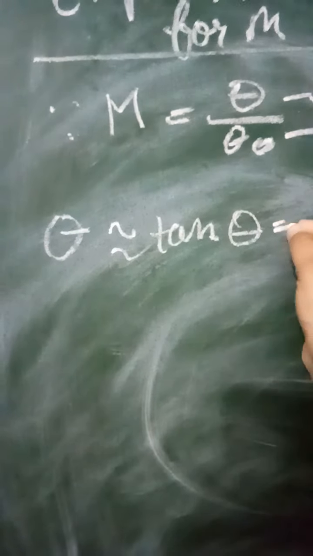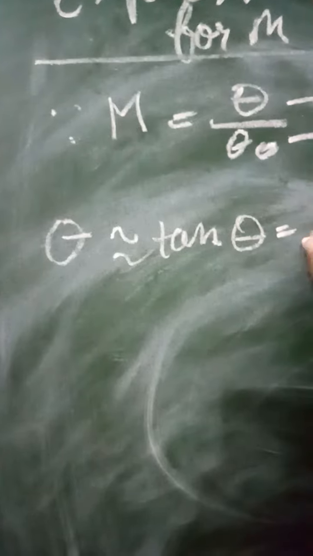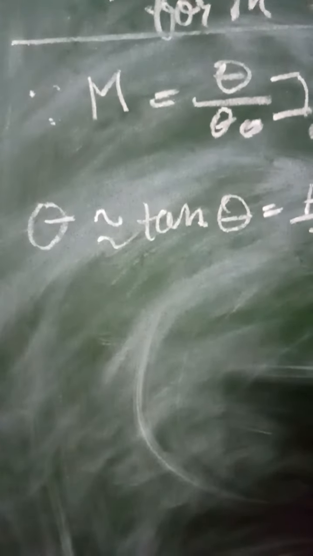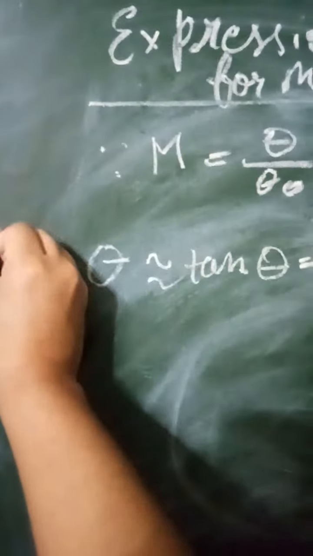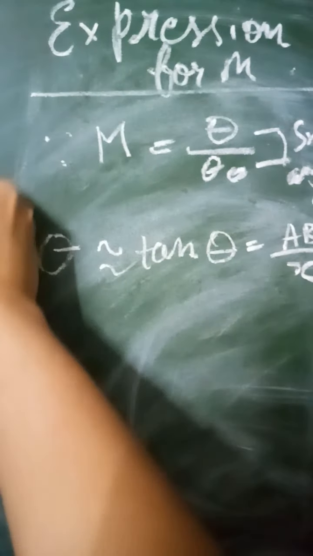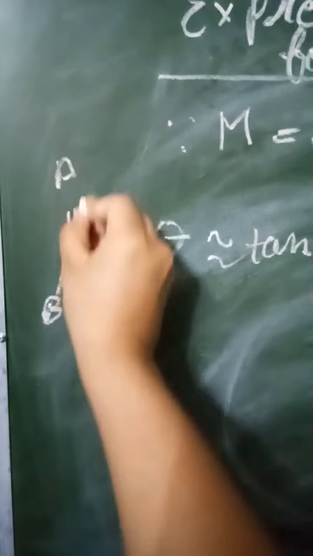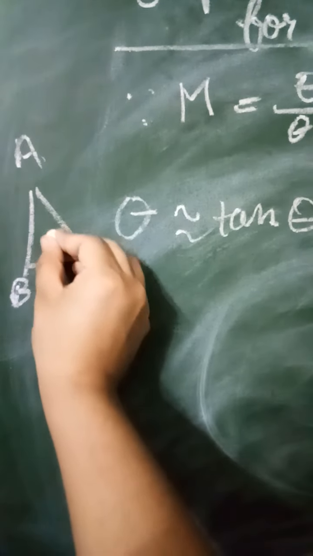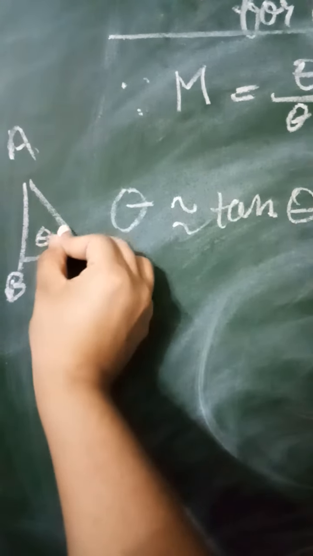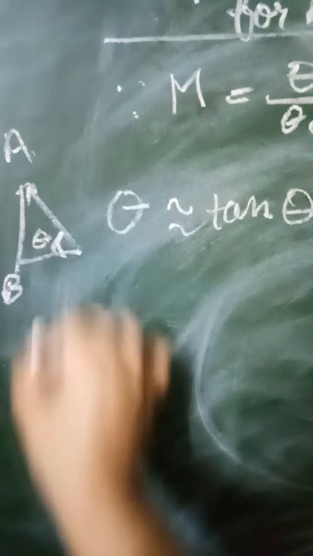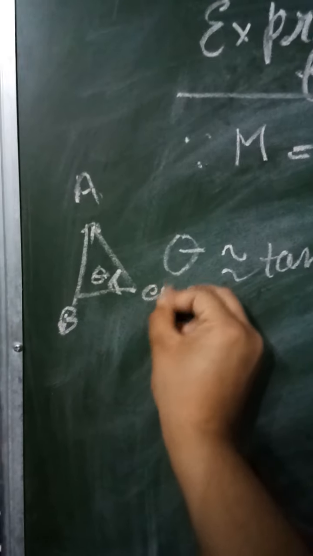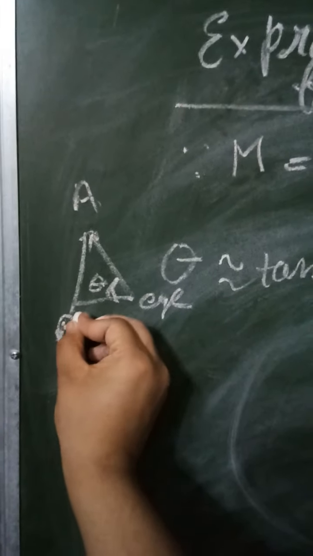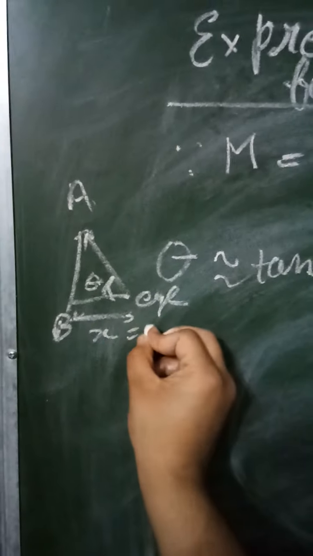So it is equal to AB by X, where we have taken the distance X. This is the triangle, this is A, this is B, the object, and this is theta. You see the previous ray diagram I have drawn. This is I, and this distance is X.